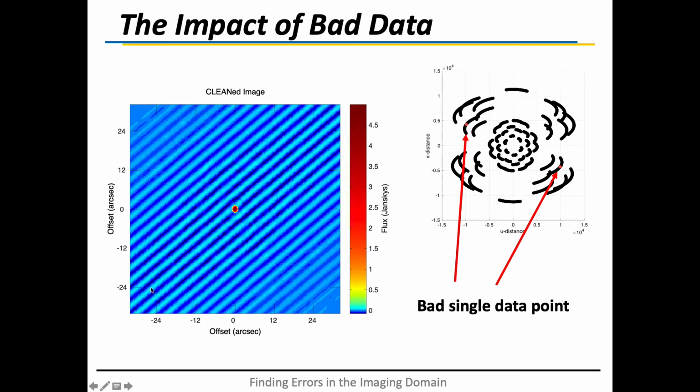So if you see a single ripple pattern through your image, it usually means that there's probably a really bad data point. Usually it's a high amplitude bad data point, and so you should dive into your visibility data and see if there's any really high amplitude points, because they'll usually stick out pretty quickly.